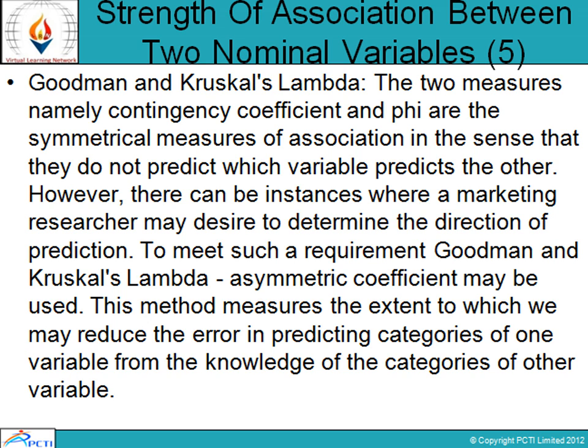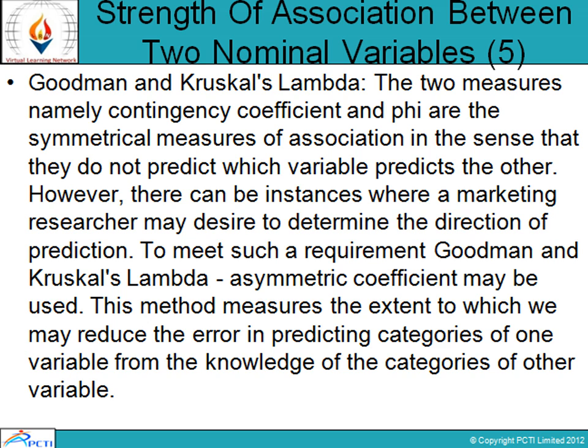Then comes Goodman and Kruskal's lambda. The two measures, namely the contingency coefficient and the phi coefficient, are symmetrical measures of association in the sense that they do not predict one from the other. But there can be instances where a marketing researcher desires to determine the direction of prediction.